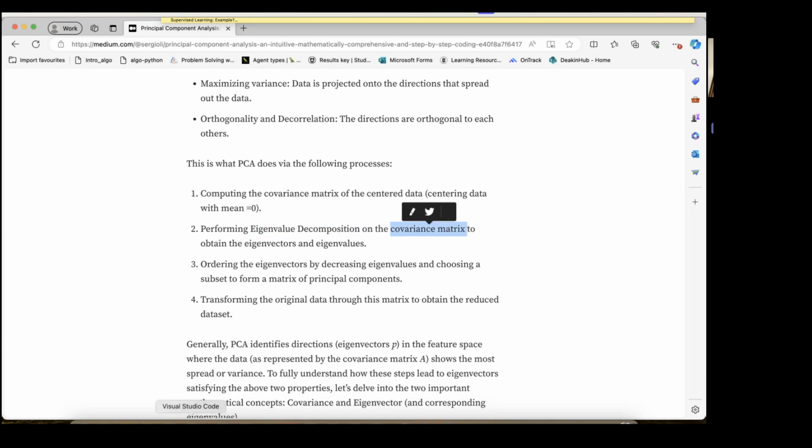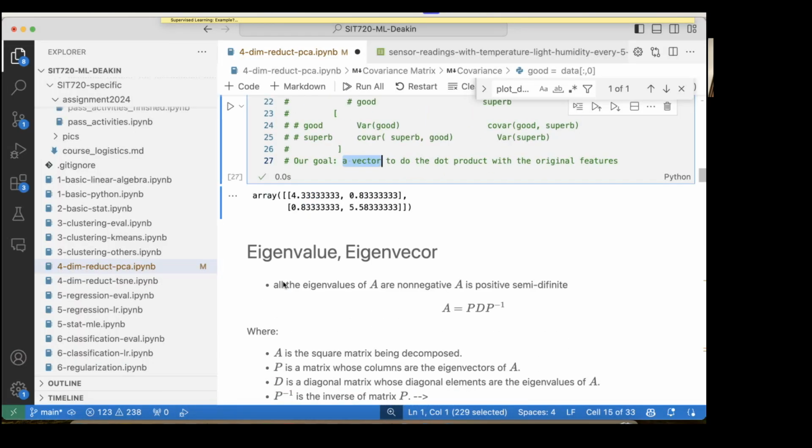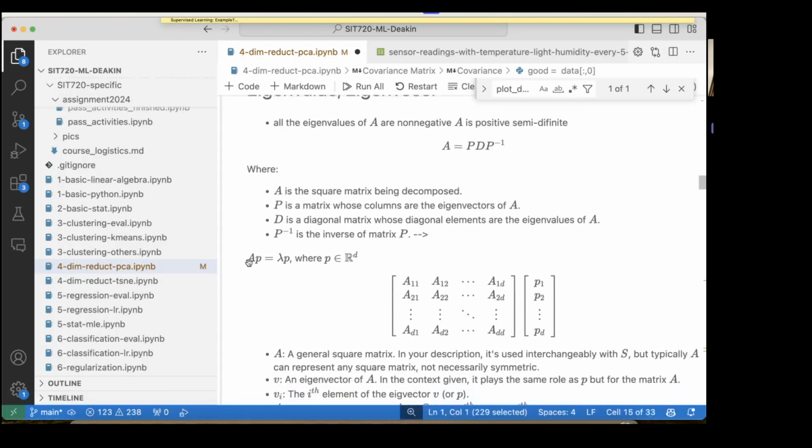So what's eigen decomposition? I won't talk about the details of the mathematics. The only thing I want you to know is that eigen decomposition follows this equation. What's this equation? A is the covariance matrix. Let me remind you, the covariance matrix captures the spread of the whole data, okay?